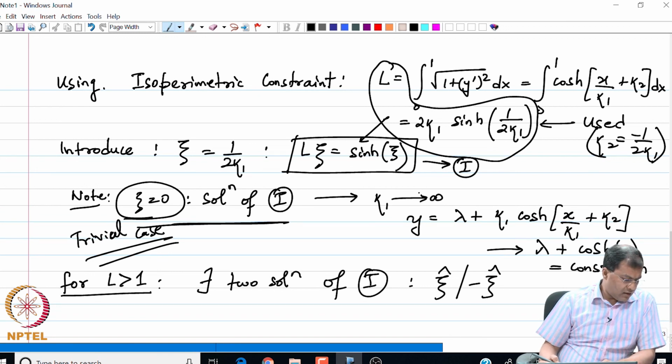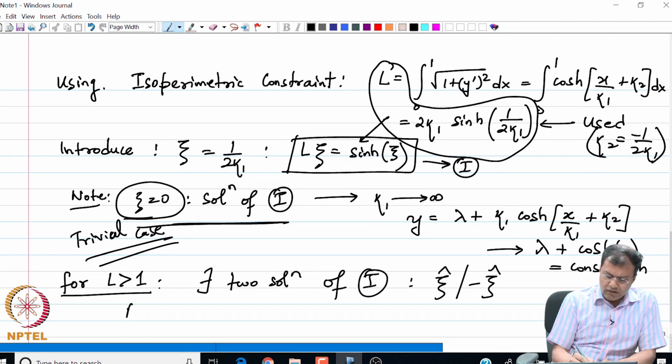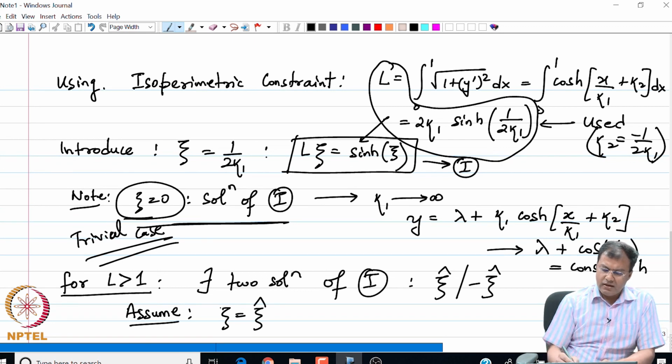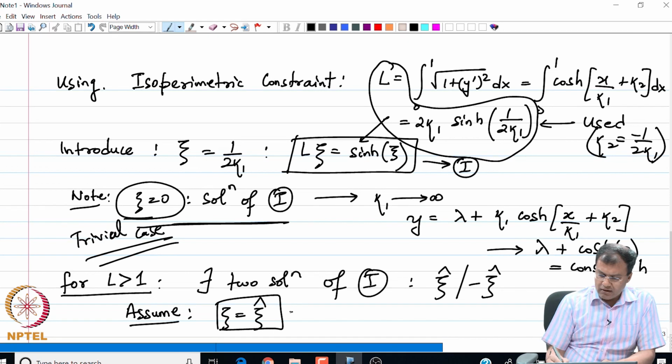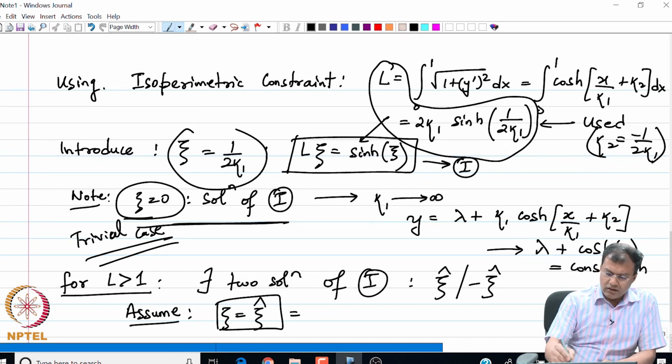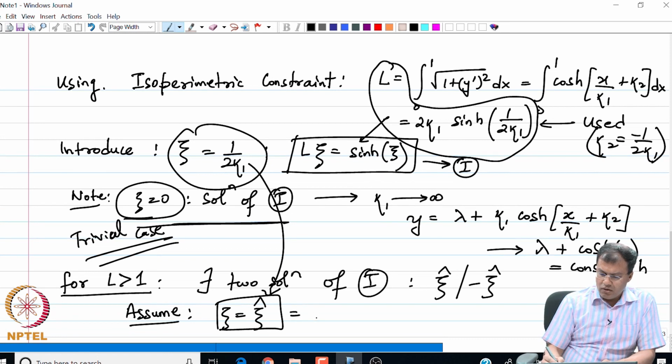So now, what we get is the following. Let us assume xi is one of the solutions, xi hat. In that case, using this condition, xi is equal to 1 by 2 kappa 1, or kappa 1 is 1 by 2 xi hat.